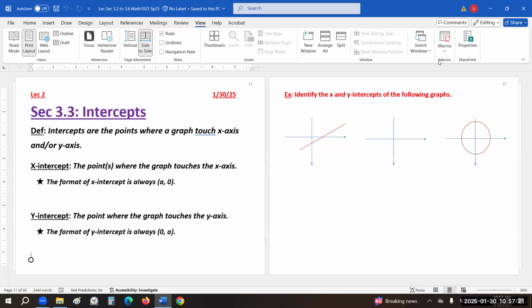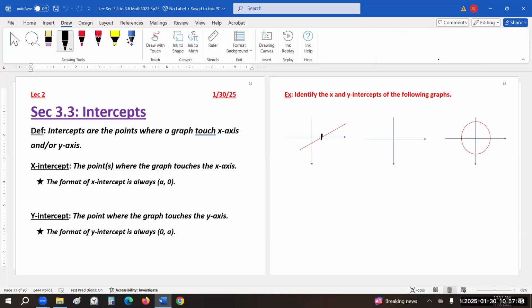Now, let's do some examples. Let's say the first one has 1 here and -1 here.